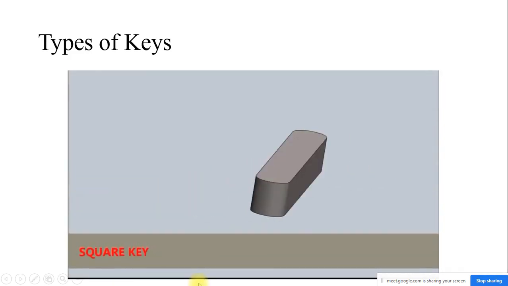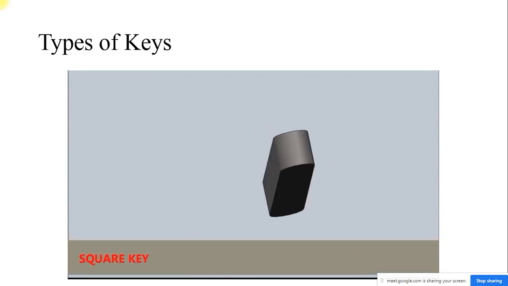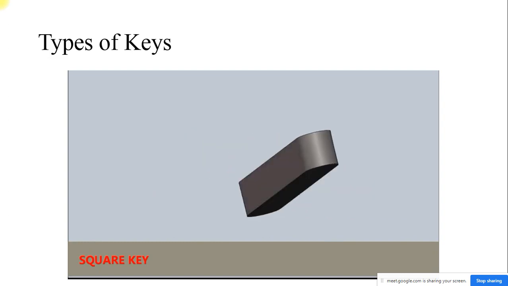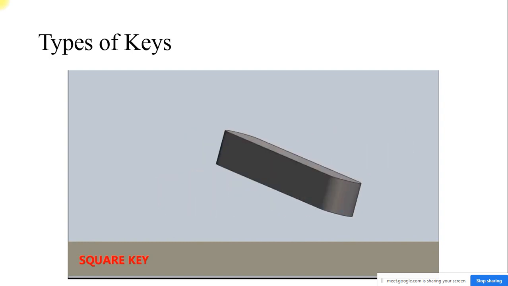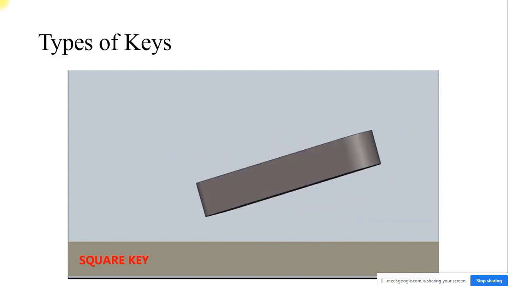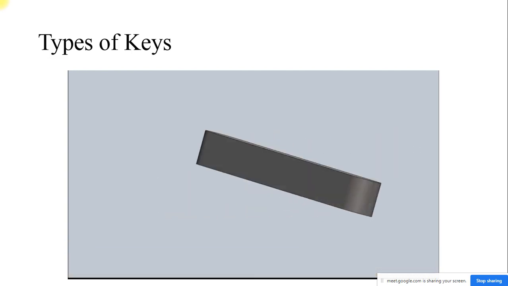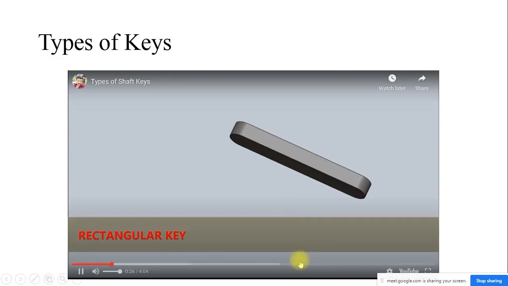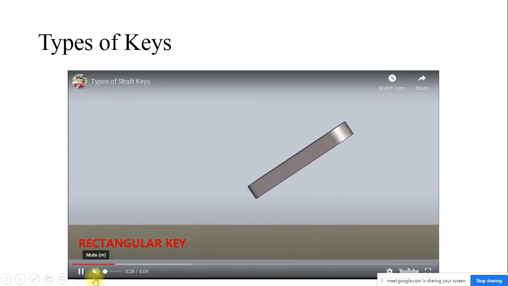So this is a square key, where the cross section would be of a square type. This is a rectangular key. The difference between the previous and this key is the cross section alone.